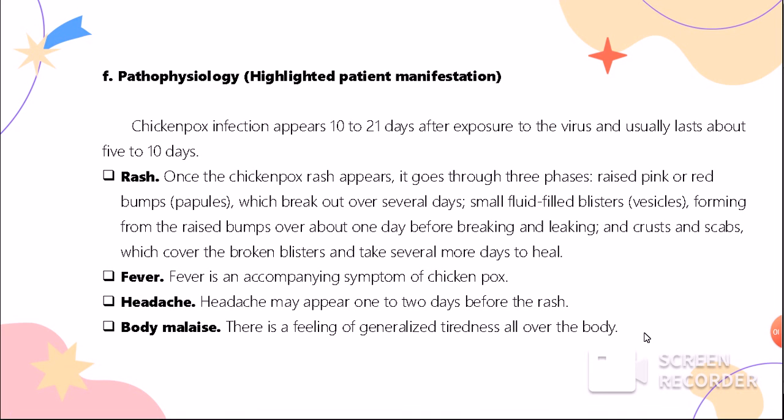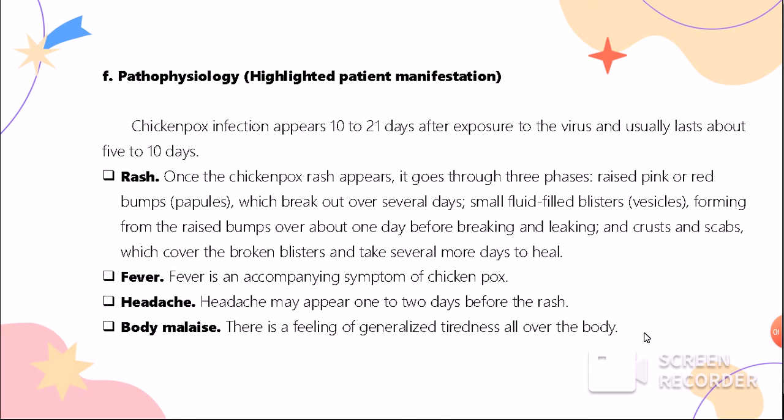Next one is pathophysiology, highlighted with patient manifestation. Chickenpox infection appears 10 to 21 days after exposure to the virus and usually lasts about 5 to 10 days. Rash. Once the chickenpox rash appears, it goes through three phases. Raised pink or red bumps, which break out over several days.